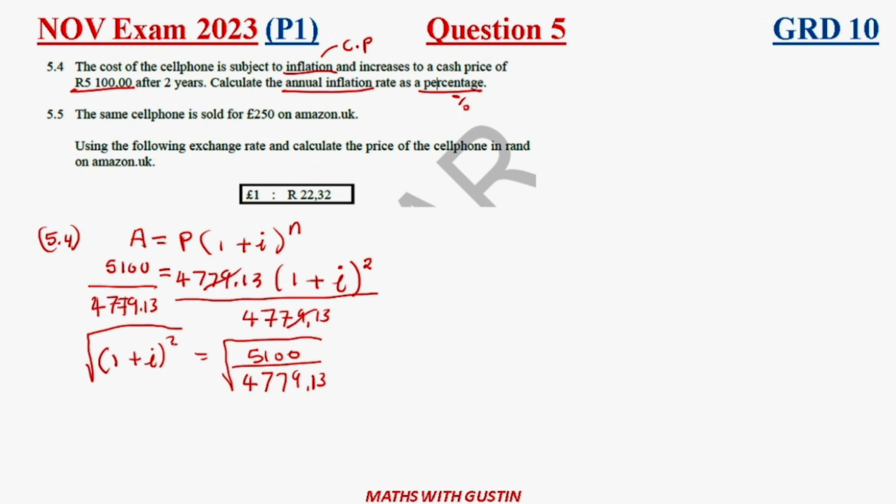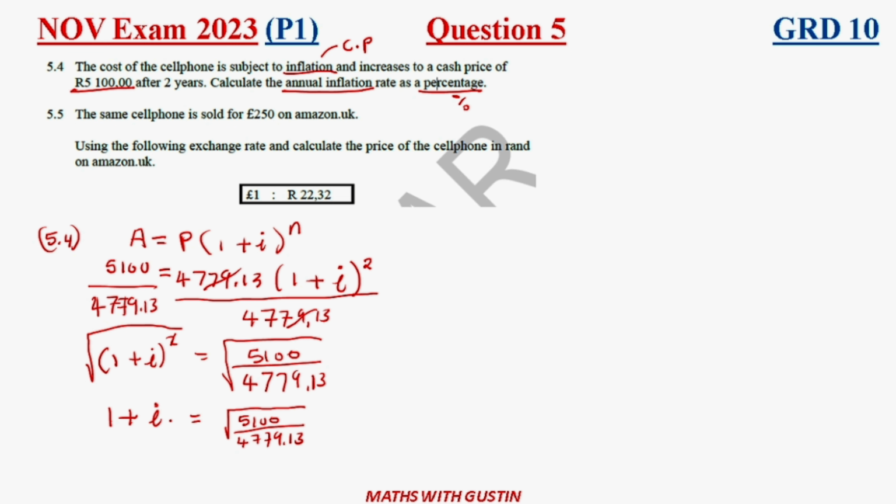So if you put a square root here, this square will go out, so you're going to be left with 1 plus i. On the other side we're still going to be left with what is in the square root, which is 5,100 over the starting price.